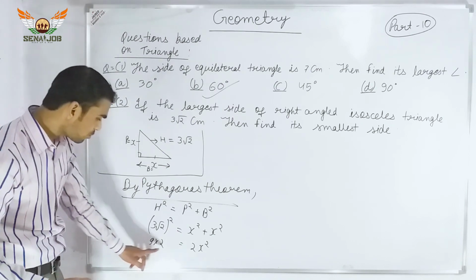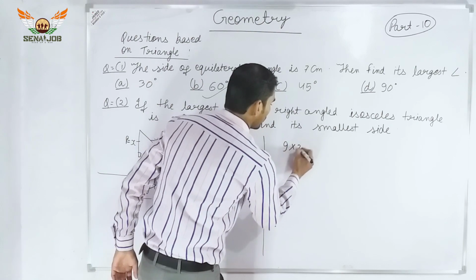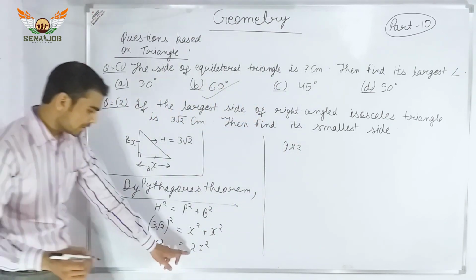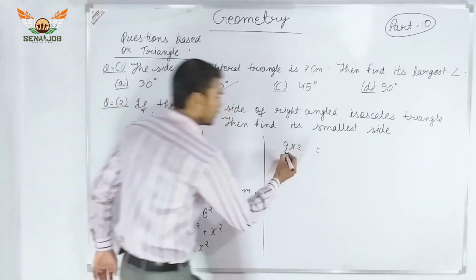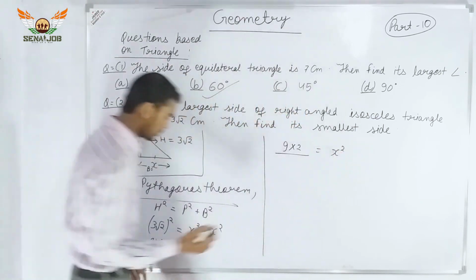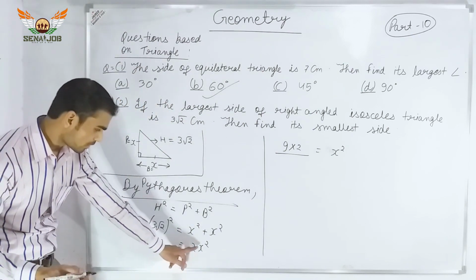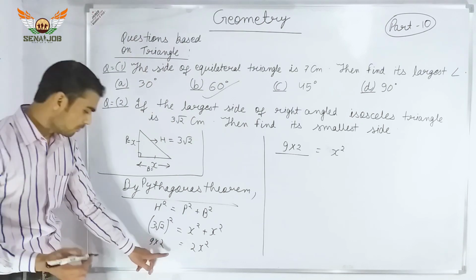And 9 2s are 18, but you don't need to write that yet because there is 2, so this can be eliminated here. 2x square: if you take this 2 from the left hand side to the right hand side, it will go in the denominator of 9 multiply 2.